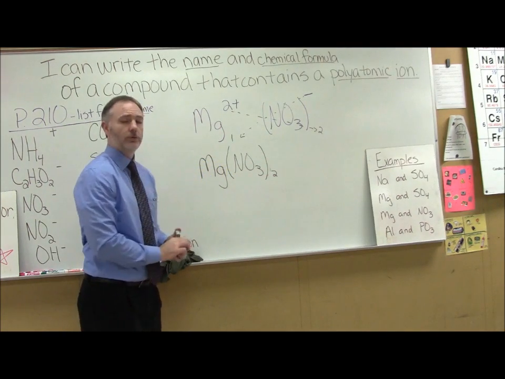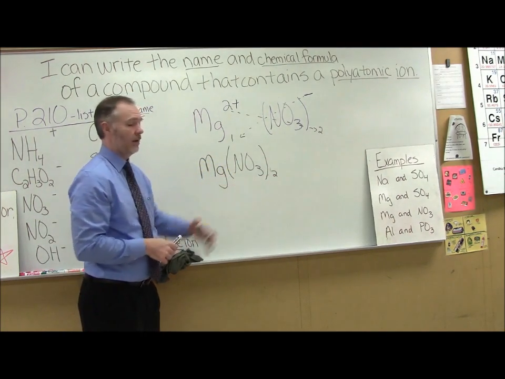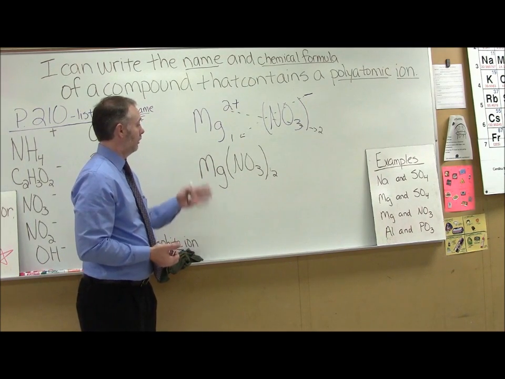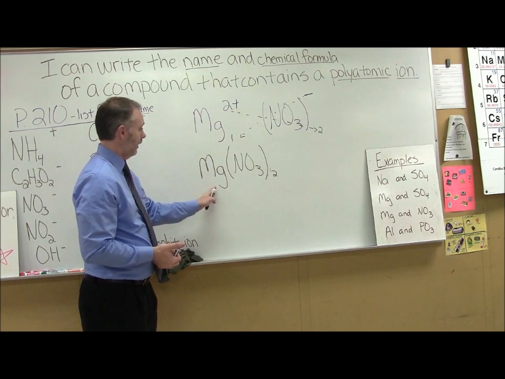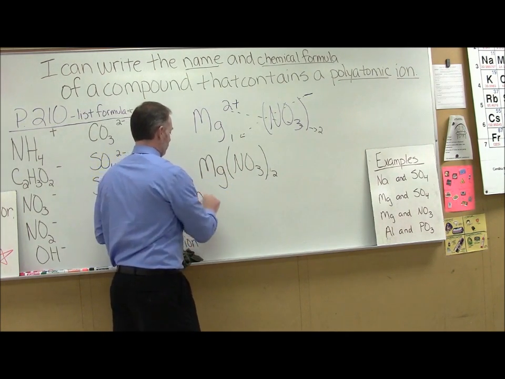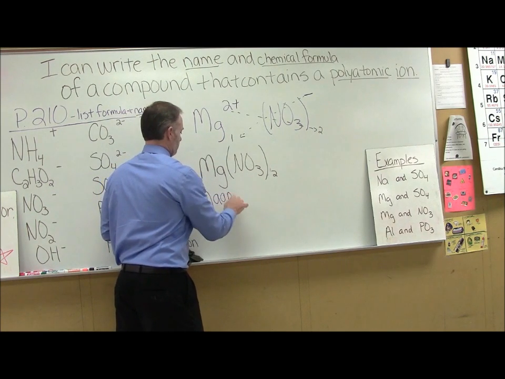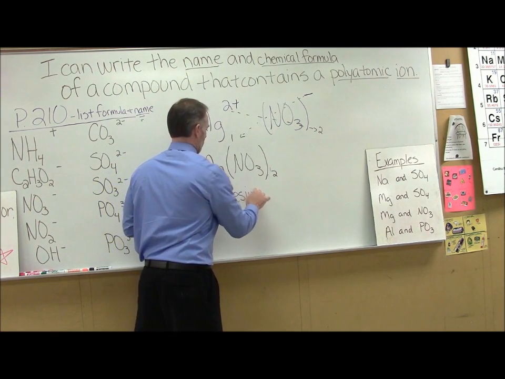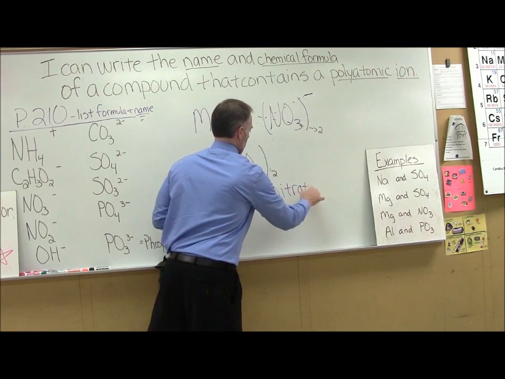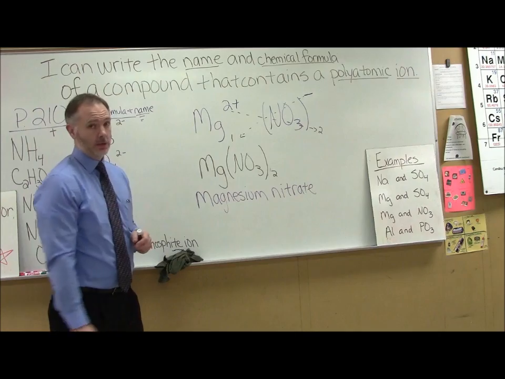What I just told you will be very important to understand when we learn how to balance chemical equations. Last thing here, writing the name: name of the cation followed by the name of the anion. This is called magnesium nitrate.